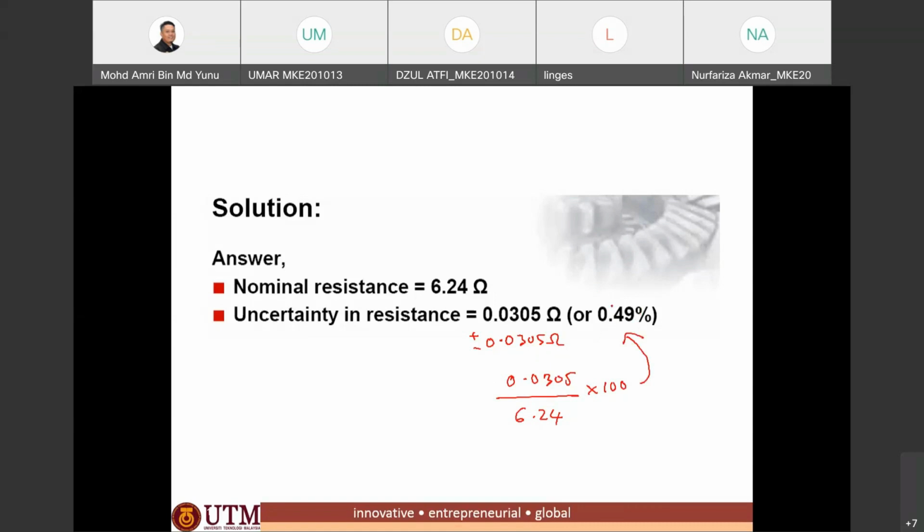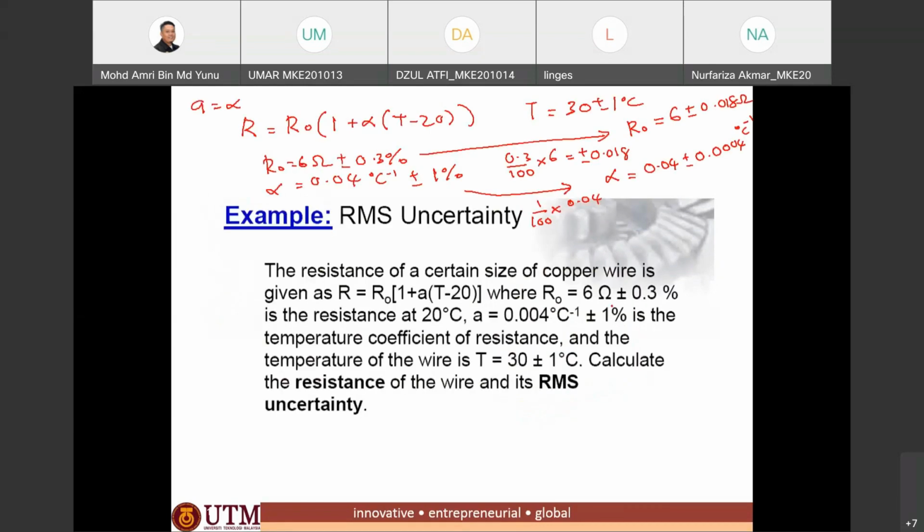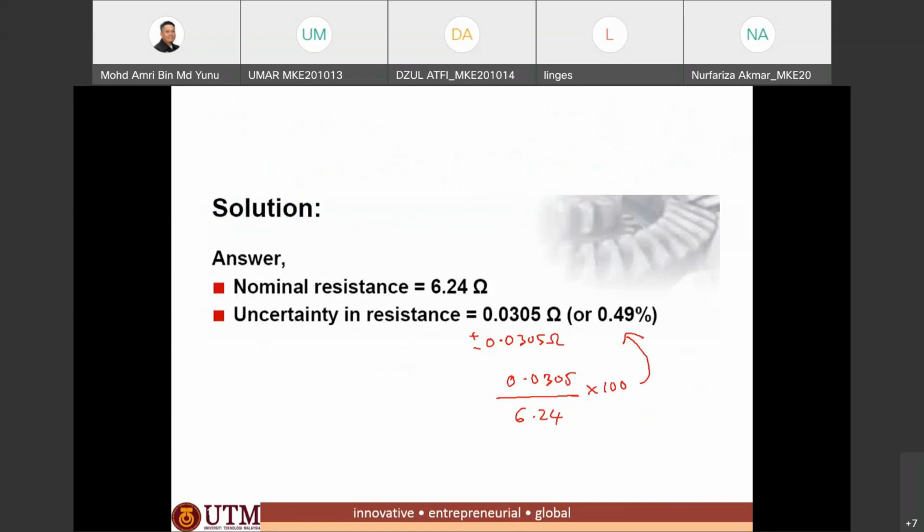So I have converted the uncertainty in percentage to absolute value, so you can verify the answers. Find the nominal value and then the maximum, the RMS uncertainty.